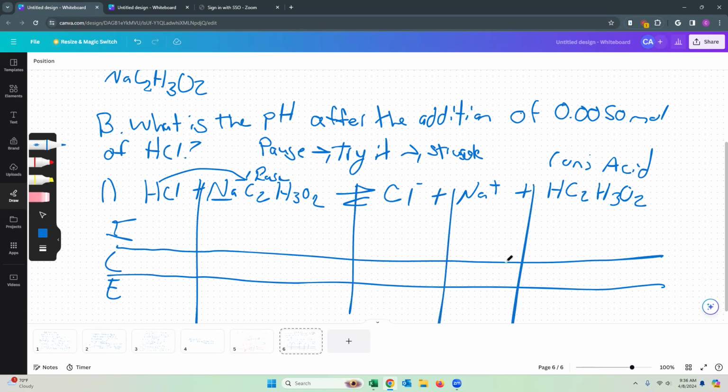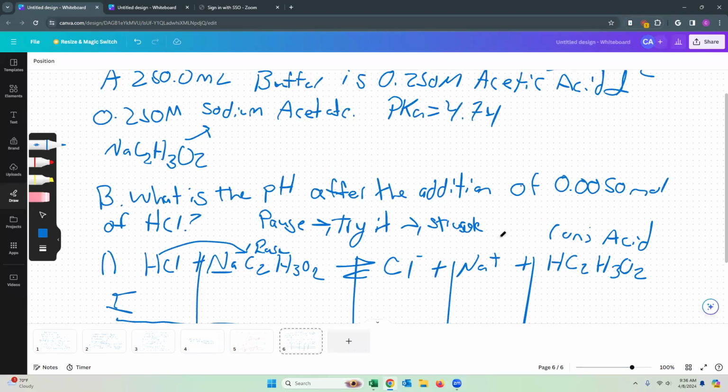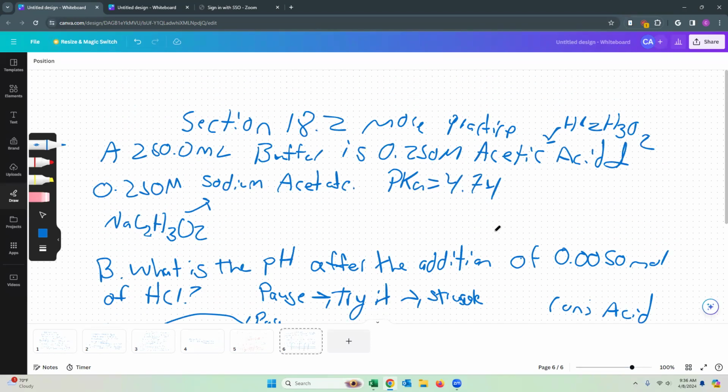All right, so let's start with initial concentrations. Now, this one might have tricked you up if you weren't paying attention. Two of your units are in molarity, but the HCl was in moles. So when you're doing an ice table, you want everything to be in the same unit.